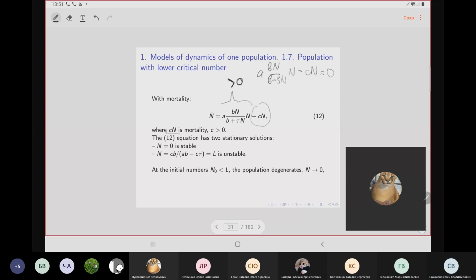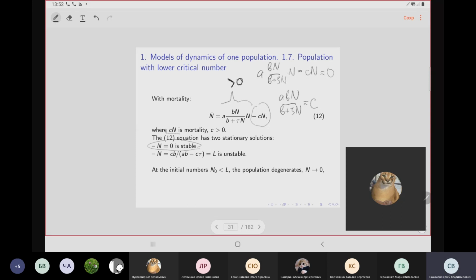First, we can divide by n, so we get the first steady state. And then we have the equation ABn divided by (B plus tau n) is C.